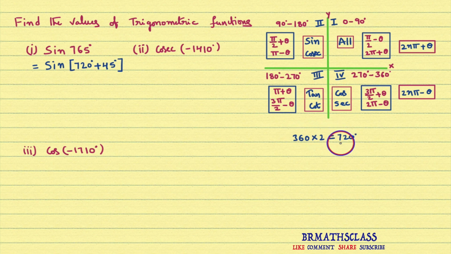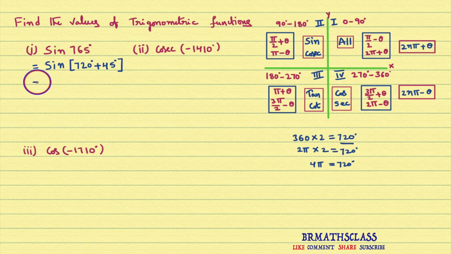Here, what is 720 degrees? 720 degrees is 360 into 2. We know that 360 degrees is nothing but 2 pi radians. 2 pi into 2 is 720 degrees. So 2 pi into 2 is 4 pi. That means 4 pi is 720 degrees. So 720 degrees can be written as 4 pi.